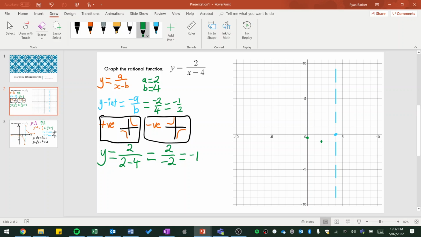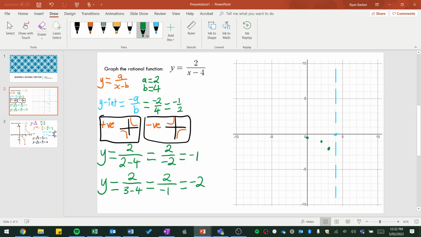Now, because I'm trying to sketch a curve here, I want to see what's happening even closer to that asymptote. So I'm going to say what is happening when x is equal to 3. So y is equal to 2 divided by 3 take 4. I'm going to get 2 divided by negative 1, so negative 2.